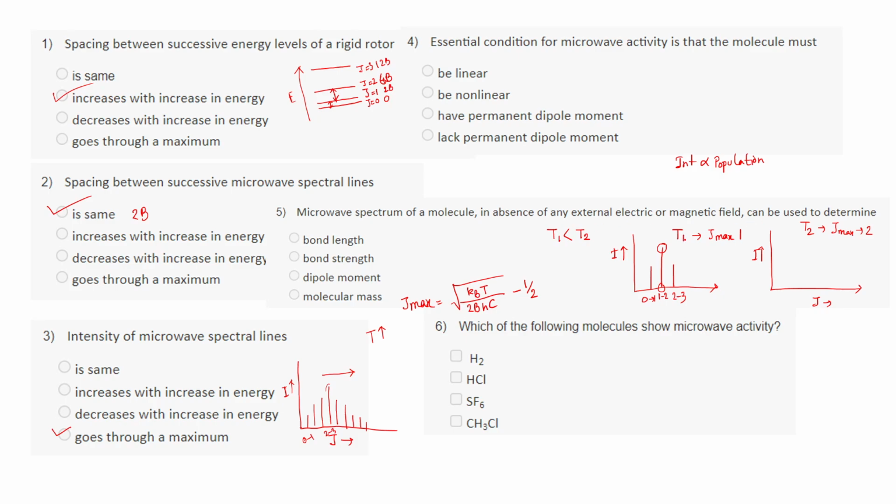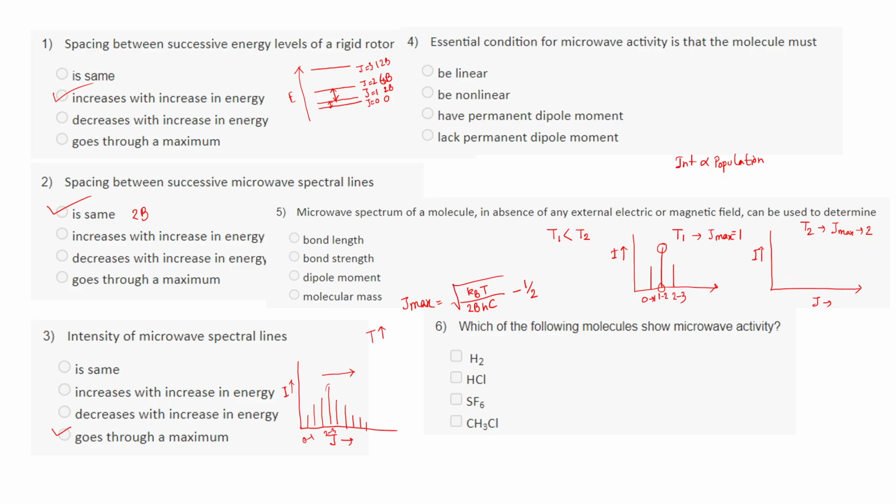At T1 the J max was 1. Now what do you think? If you increase the temperature, that is T2, your J max will increase. Suppose it has gone to 2, because 2 is more than 1. So now what do we expect?